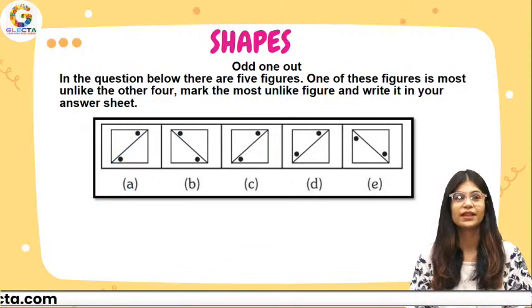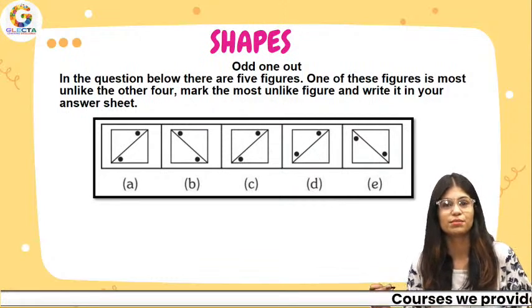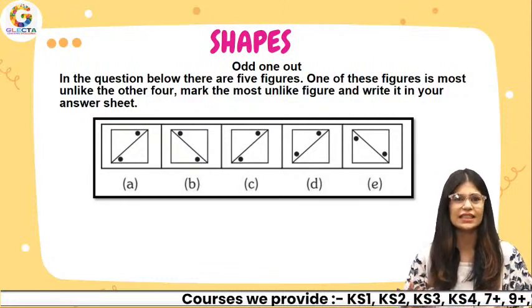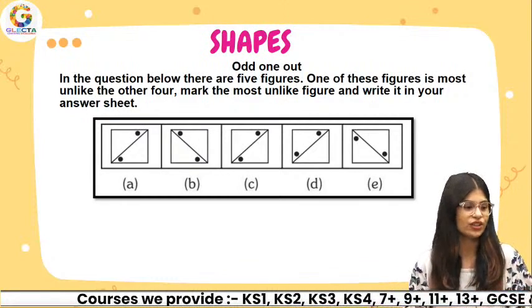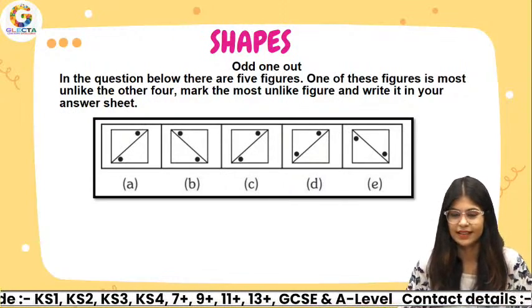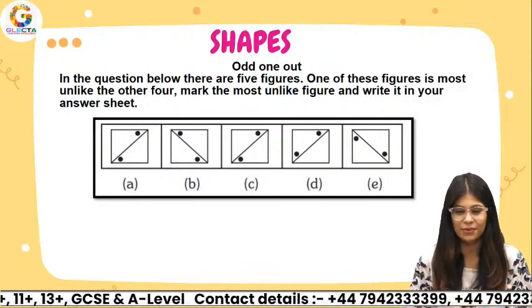There you go. Now this is a question of odd one out using the concept of symmetry. So I see a lot of shapes, I see the middle line, and I see dots. What do you think should be the odd one out here? There you go. Quickly, everyone.